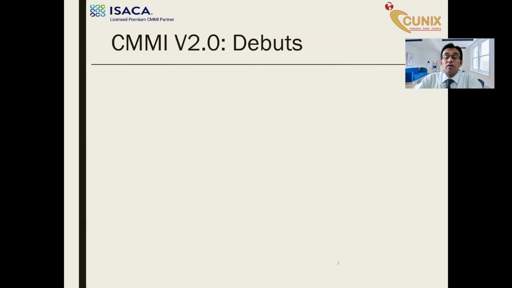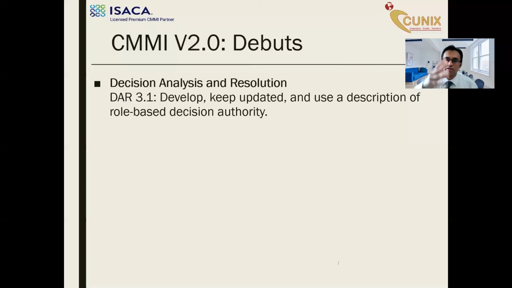There are some debuts happening. So some new things are happening to the areas that were already there. So for example, remember DAR, decision analysis and resolution. Now DAR has got this new practice: develop, keep updated and use a description of role-based decision authority.